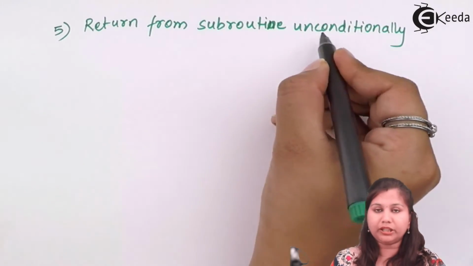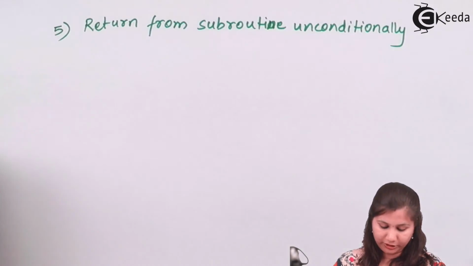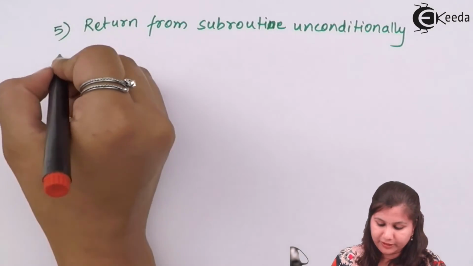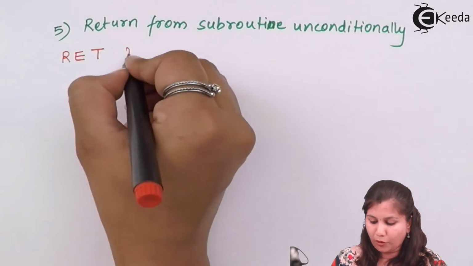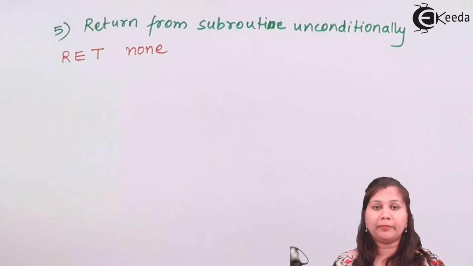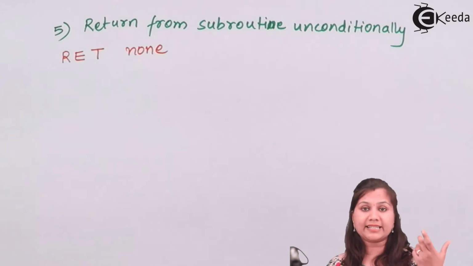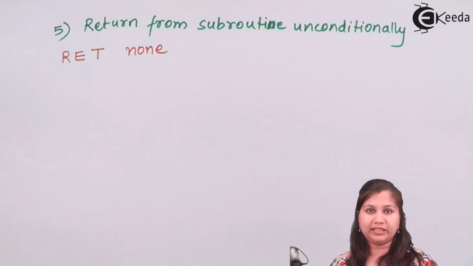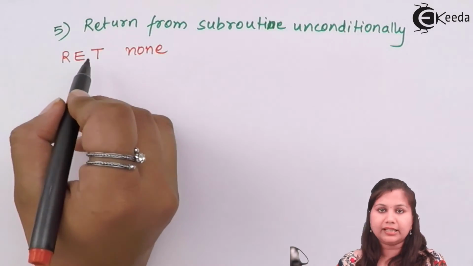Return from subroutine unconditionally means we are not going to specify any of the conditions, and the mnemonic for this will be only RET. No operand has to be specified, no address has to be specified, because when the microprocessor is returning back from the subroutine, it is getting the address from the stack. So there is no need to specify the address in the instruction. We are just going to write the RET.